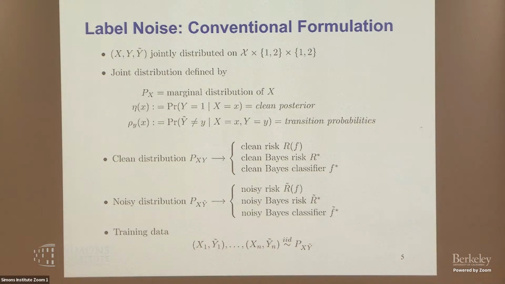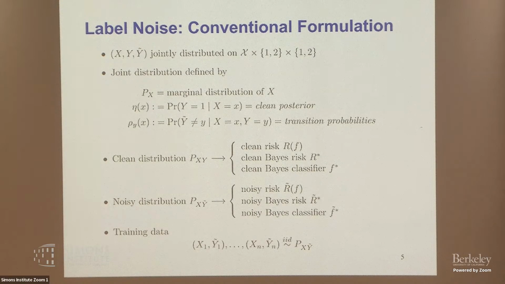There's a similar statistical formulation of the label noise problem that is commonly adopted in this literature, where now you have three variables that are jointly distributed: x, y, and now y tilde, which denotes the noisy label given to x. So the idea is you don't actually get to observe y, you get to observe y tilde.